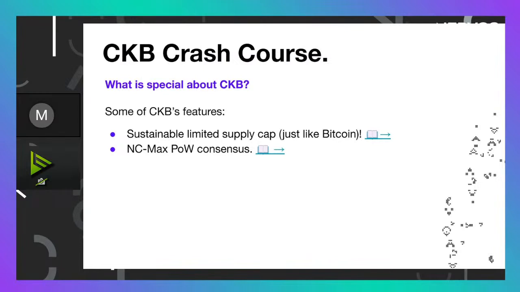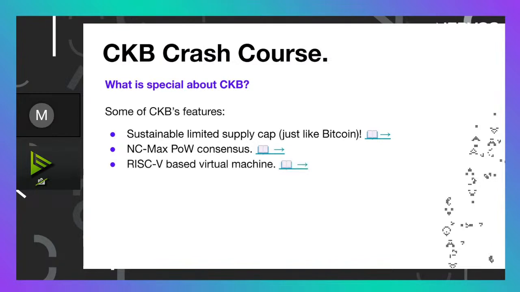And it goes up and down, basically adjusting as needed based on the network conditions. When you're doing something with smart contracts in particular, a 10-minute block time isn't too great. NC-Max minimizes the amount of time possible that it can do safely without sacrificing any decentralization or security.